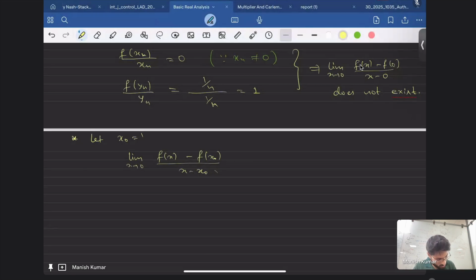How are you getting that number? So f of xn will be 0, and f of x naught is 1 by q, and the denominator would be xn minus p by q.